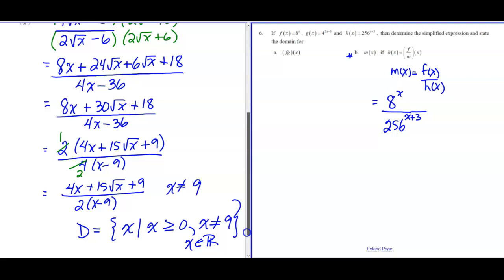Can you express 256 with the base of 8? 64 times 8. So you want to go to base 2.